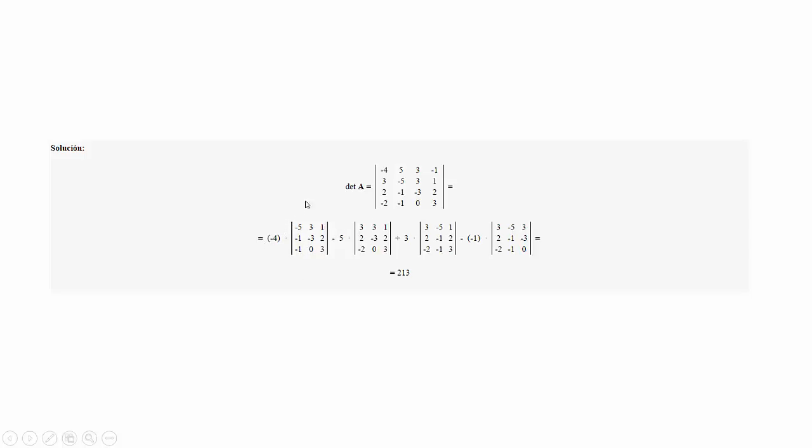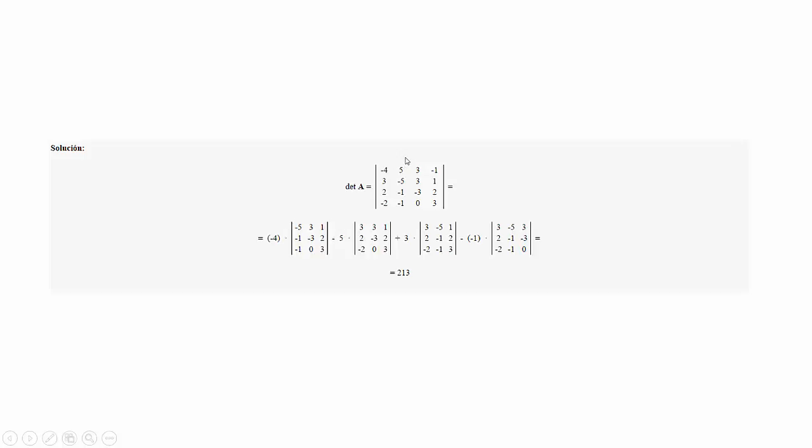We have to remember that determinants have a positive or negative sign here. So I take this first term as a positive term. Because it's a positive term multiplying a negative number, there is a minus 4.